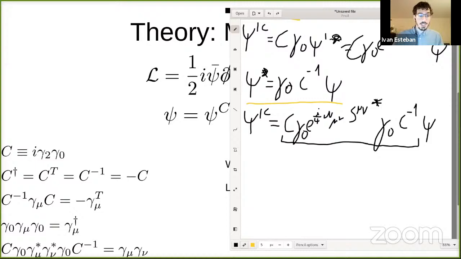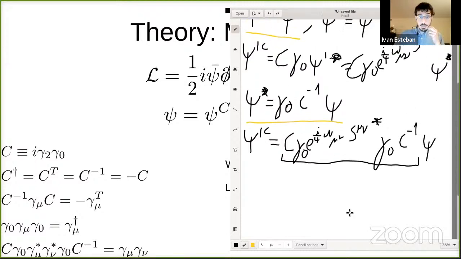And I have conveniently put them in here. These are just algebraic properties that if you have the time and if you like matrix algebra, you can check by yourselves. In particular, the most important property is this property down here, that the charge conjugation matrix times gamma 0 times the gamma matrices with the complex conjugate times this other matrix is just the original gamma matrices without any complex conjugate.